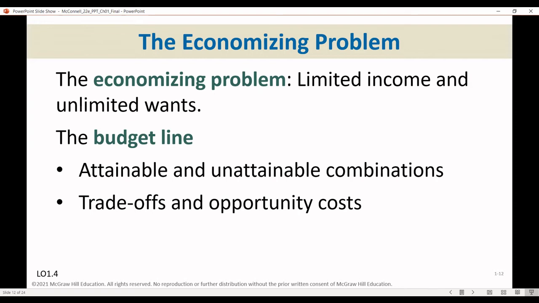And again, anytime you make a choice, it means there's something you have to forego. And that thing that you forego to make that particular choice costs you something, which is the opportunity cost. So we're going to illustrate the individual economizing problem using a budget line, so that you can see that anytime we make a choice, there's a trade-off, okay?